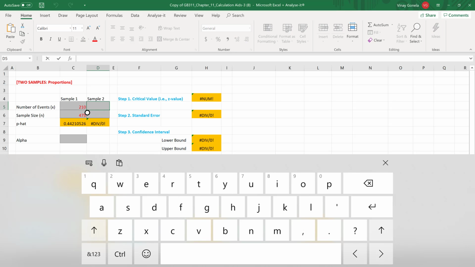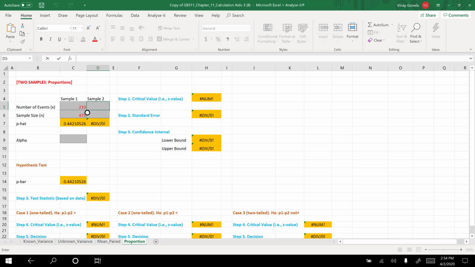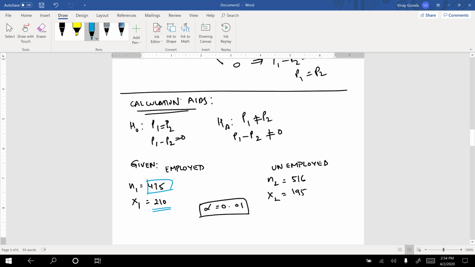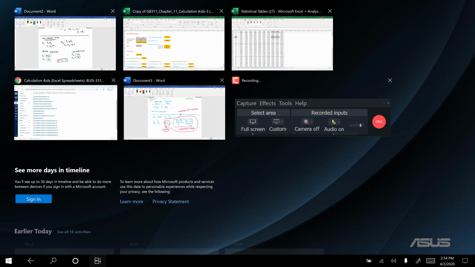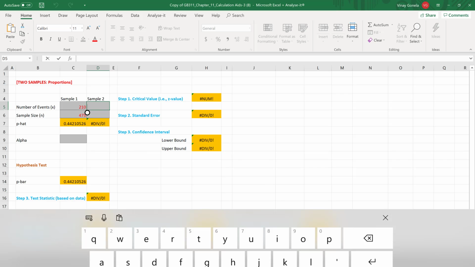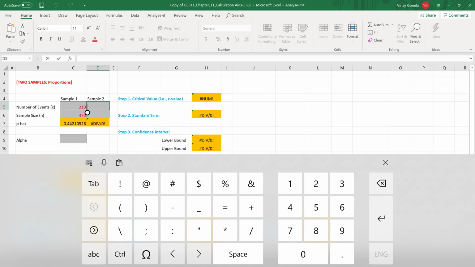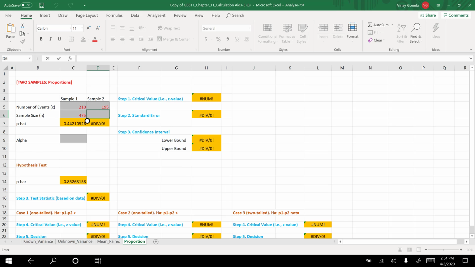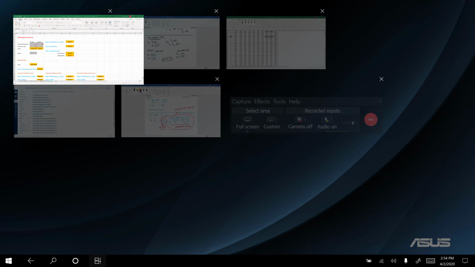So again, let me look at it. Okay, so they are asking for x2, not n2. x2 is 195. And then this, I think, should be 510. Let me cross check.